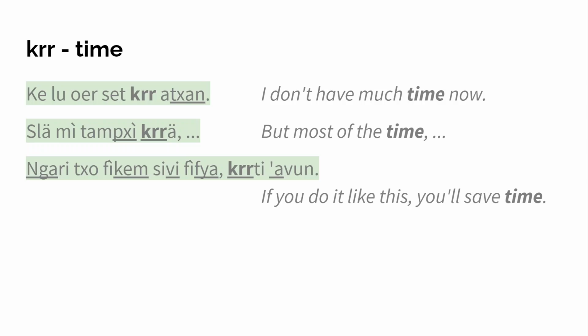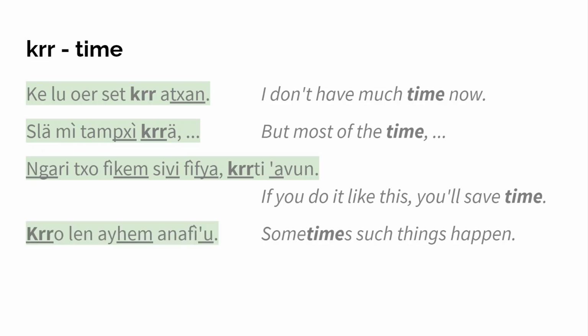Ngari o fekem sivi fifja grti avun. If you do it like this, you'll save time. Grro len ihem anafe u. Sometimes such things happen. So here it works like an adverb and it means sometimes. And we achieve that by adding the o suffix, so some or any. And you will see that suffix more often today because it is actually used with many different time words to use them in an adverbial way.